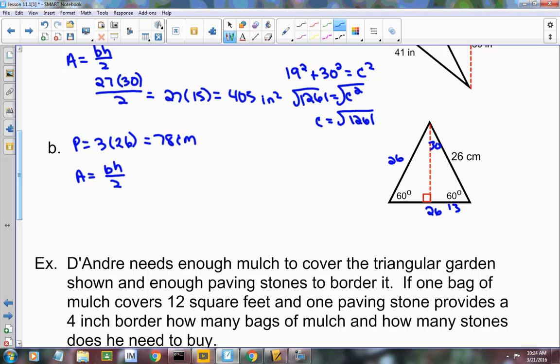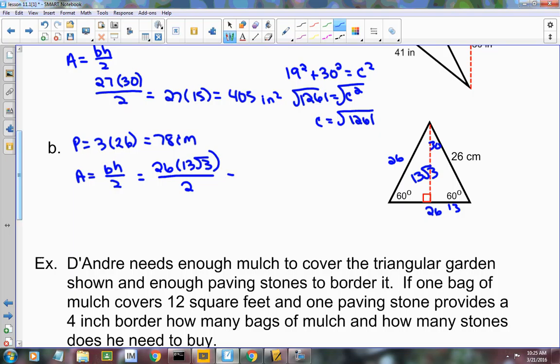triangle. It's also the long leg of my 30, 60, 90. So my short leg is 13, so what's my long leg going to be? 13 radical 3. Okay, so my base is 26, my height is 13 radical 3 divided by 2.